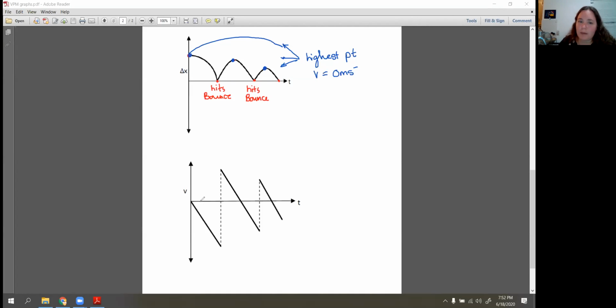And if you look at my picture, there's the velocity being 0, going down. There's the velocity being 0. And there's the velocity being 0.